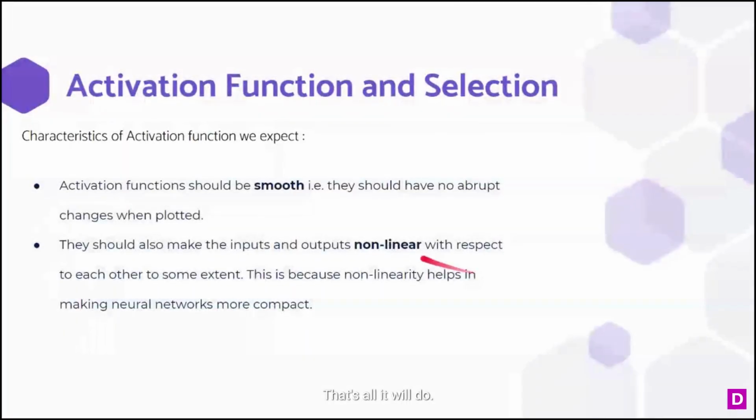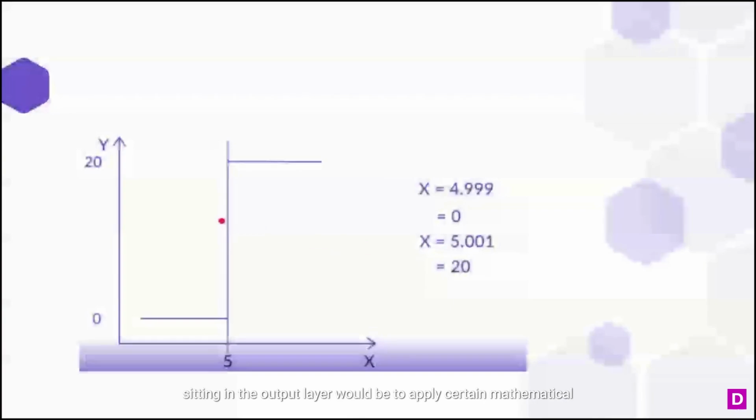That's all it will do. The mathematical equation which it applies on that summation would be different based on the different scenarios. But on the whole, the expectation of an activation function is to apply a certain mathematical equation, based on the scenario, on the summation of the different input signals.